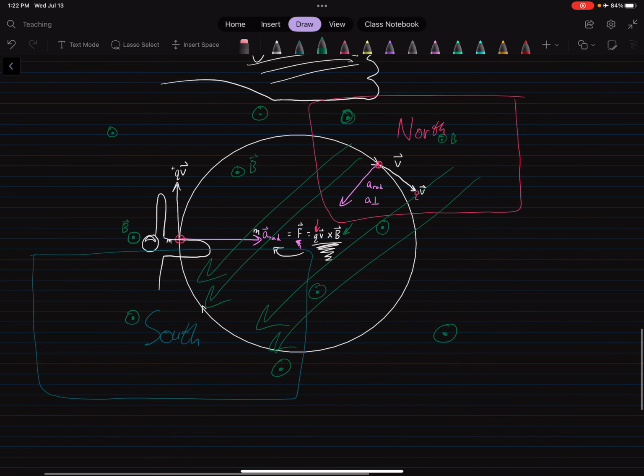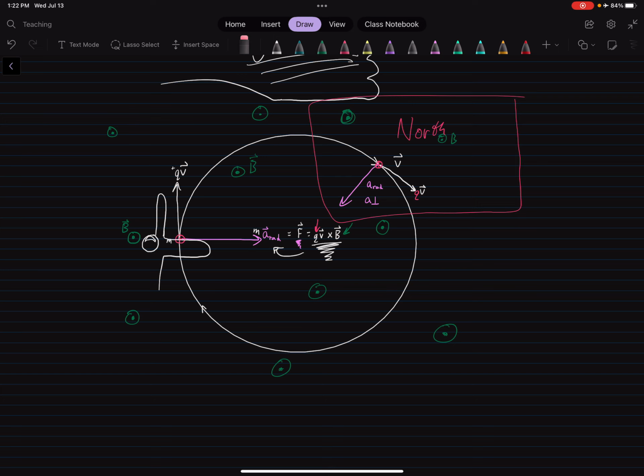I know I drew it askew, but it's kind of hard to draw something stacked on top of each other and show depth and all that. But it's caused by north to south.